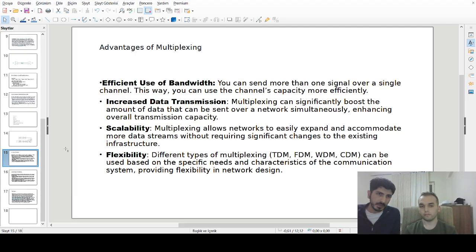Scalability: multiplexing allows networks to easily expand and accommodate more data streams without requiring significant change to existing infrastructure. Flexibility: different types of multiplexing, TDM, FDM, WDM, CDM, can be used based on the specific needs and characteristics of the communication system, providing flexibility in network design.